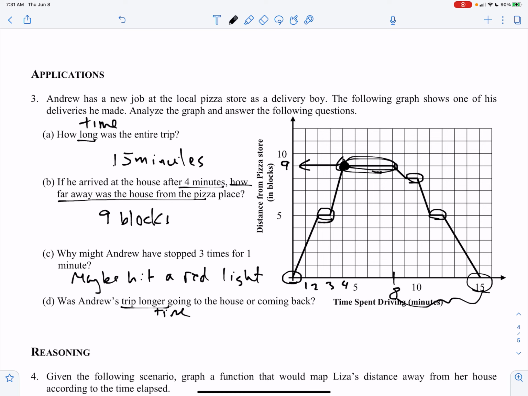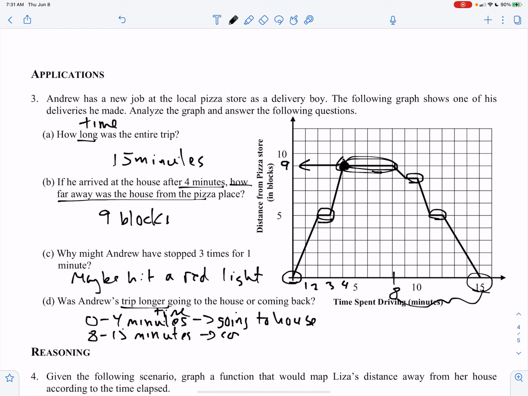So from 0 to 4 minutes, he's going to the house, and from 8 to 15 minutes, he's coming back. It was longer coming back. 7 minutes obviously is greater than 4 minutes.